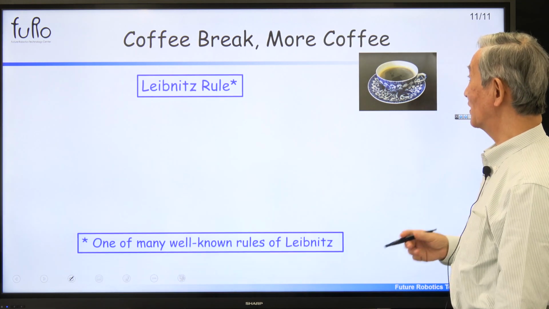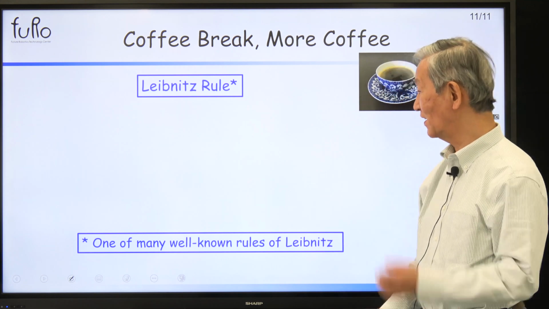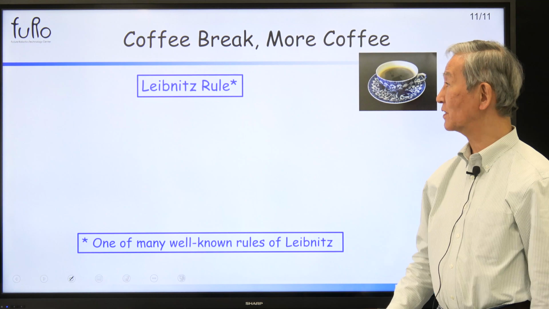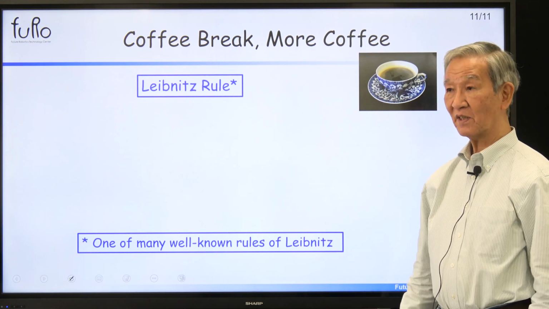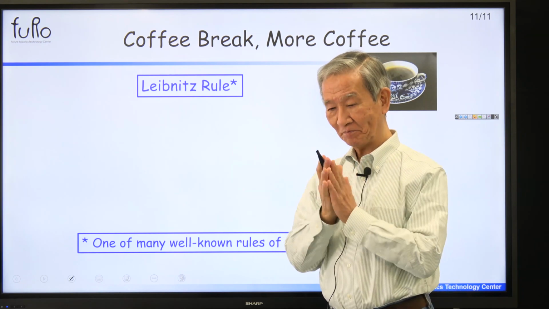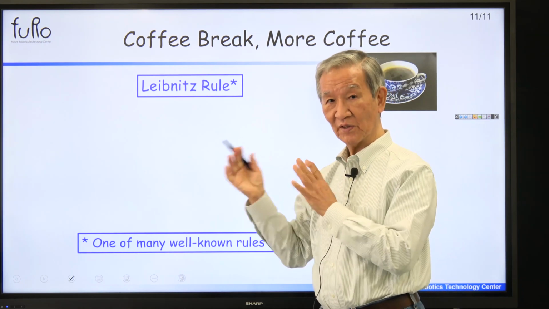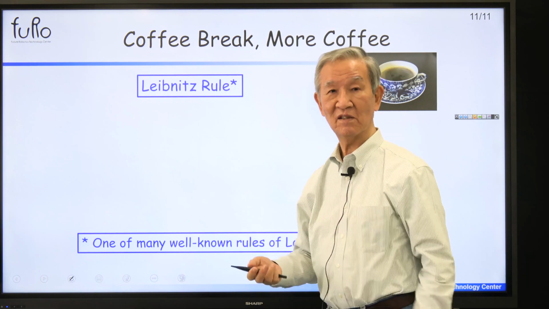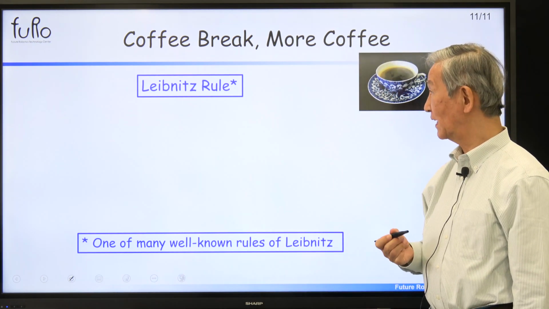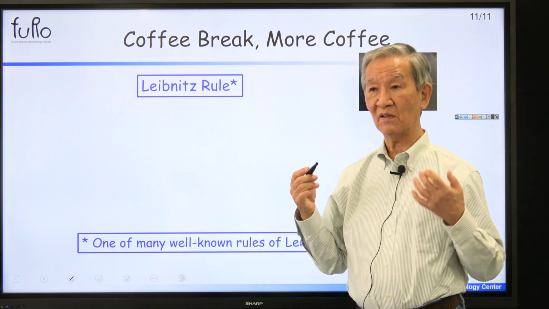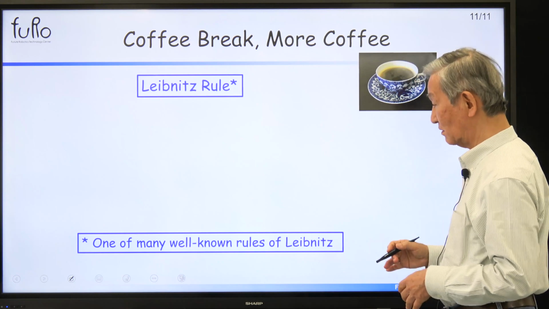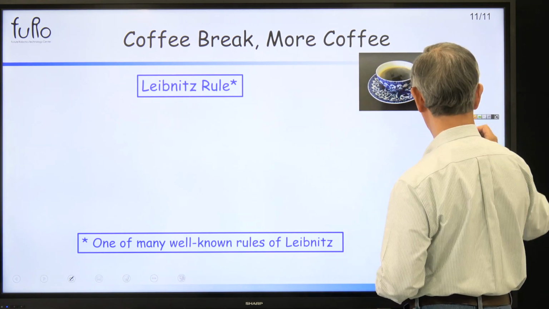The answer is, once again, one of many Leibniz rules. Leibniz and Newton are two giants who came up with the fundamental theorem of calculus. And Leibniz invented many rules. This is one of the many, one of the very well-known ones.